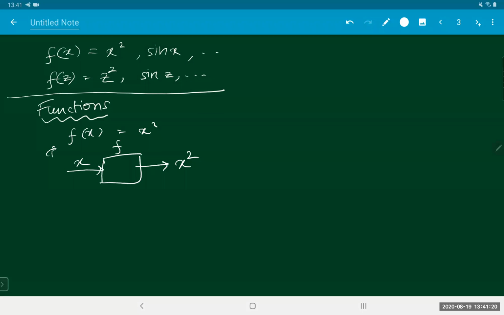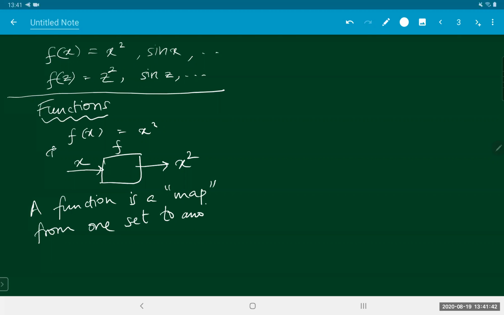So mathematically, what a function is, is what we call a map, from, as you pointed out, one set to another. And certain kinds of maps are called functions. So let me show you what a map is.